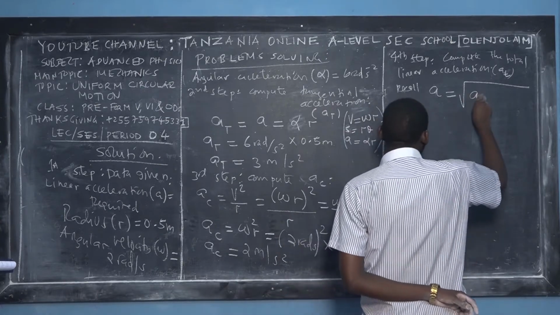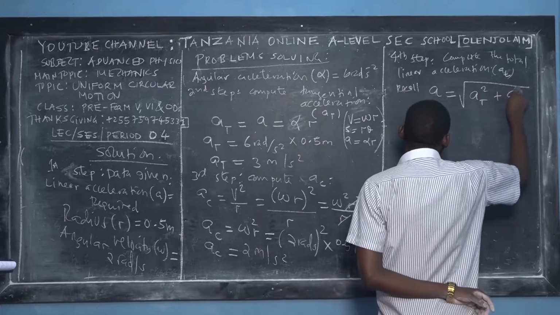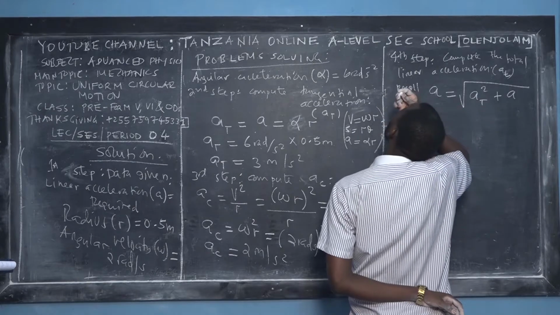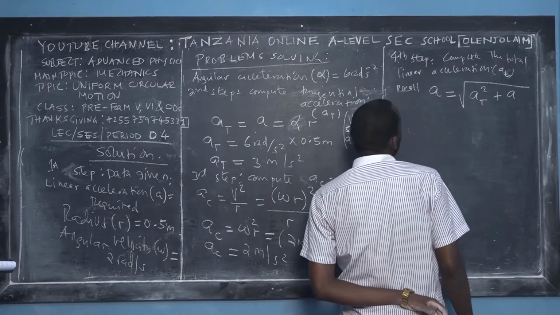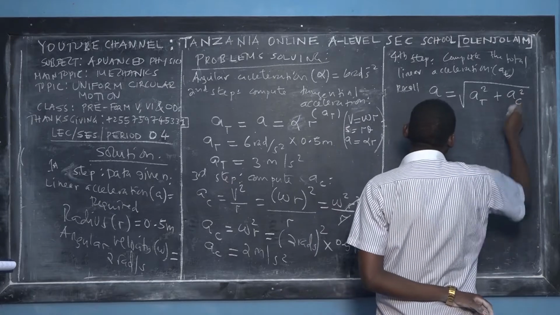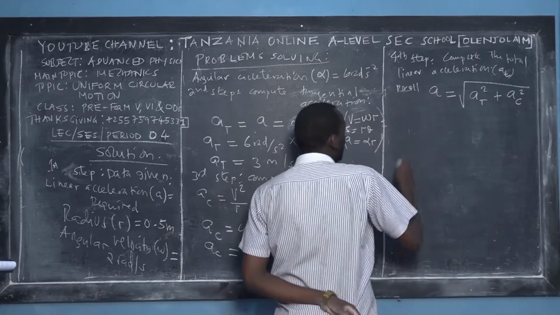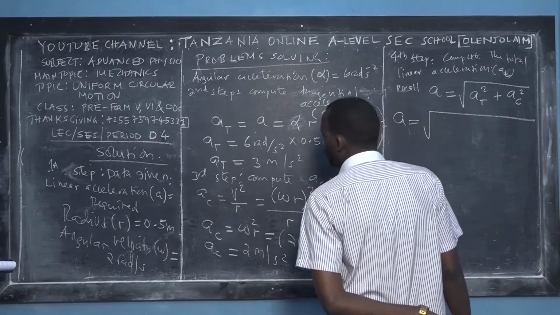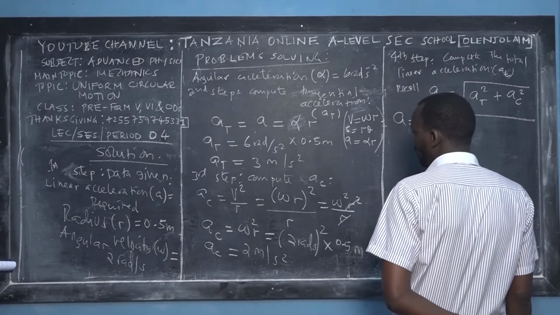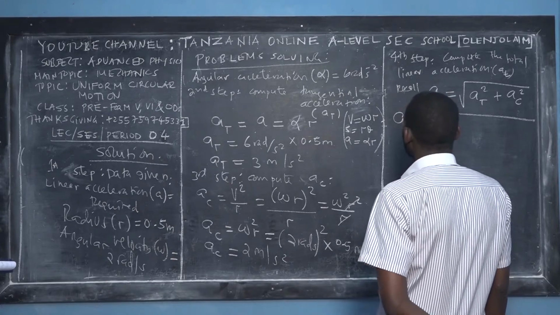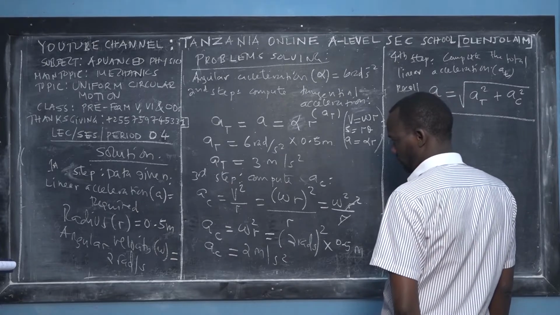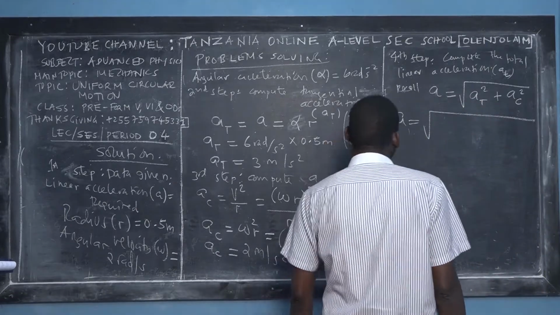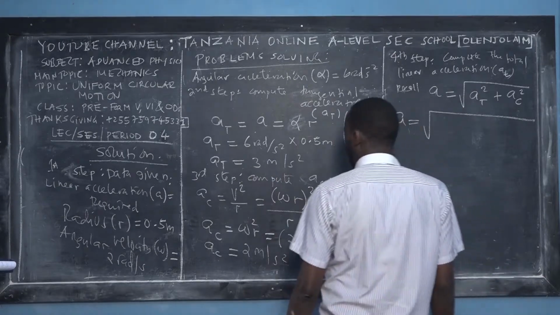The rule is tangential acceleration squared plus centripetal acceleration squared, and the total acceleration is the square root of that.